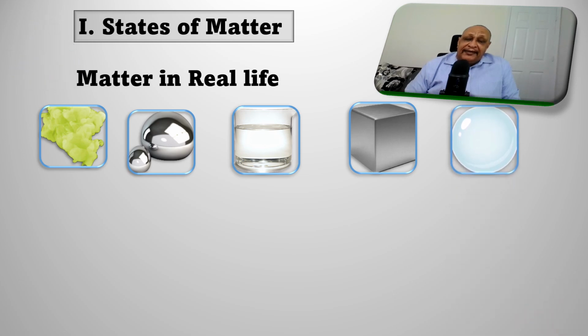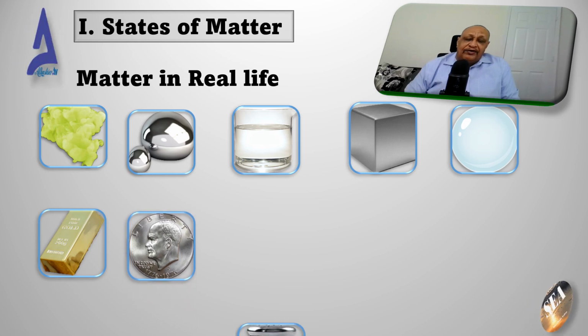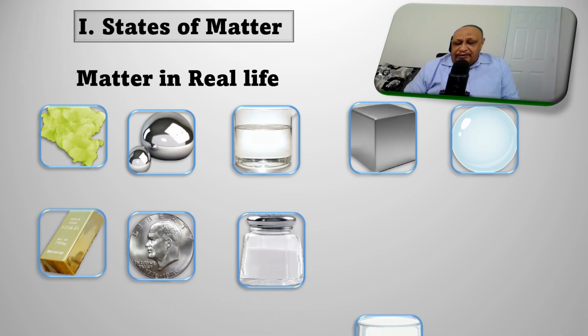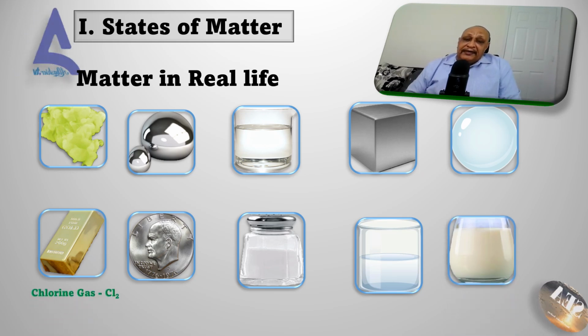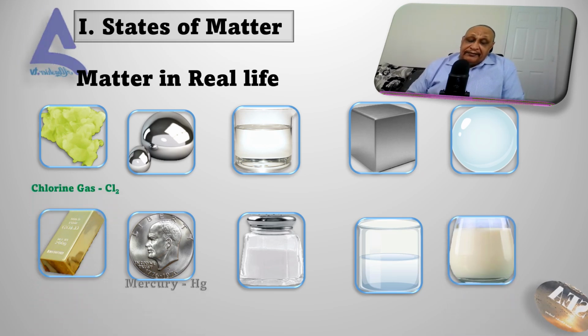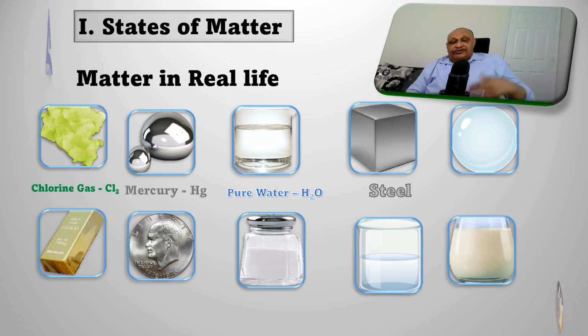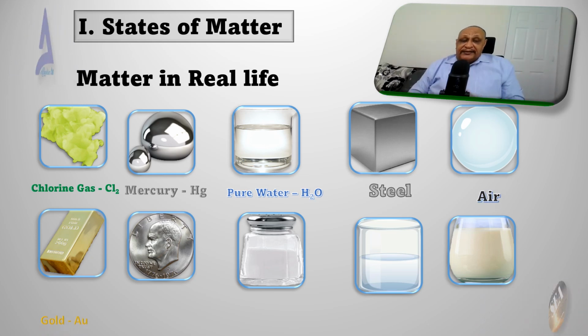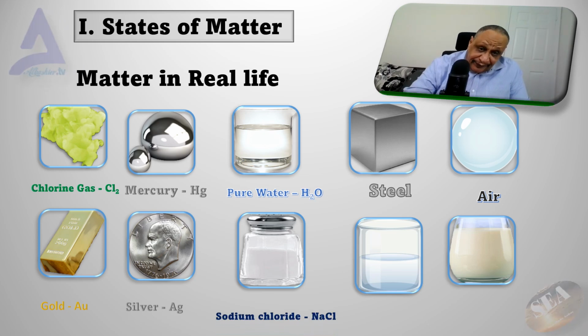Are they the same as we see them, just as physical variants like solids, gas, and liquids, or can we also go further and do something else? Let us see here how we can see those in real life.